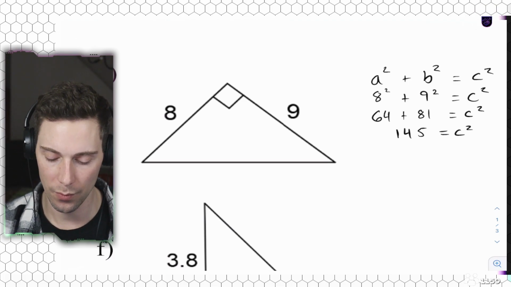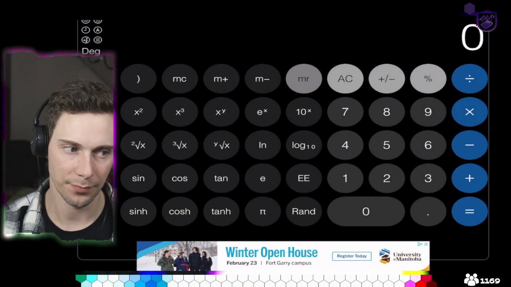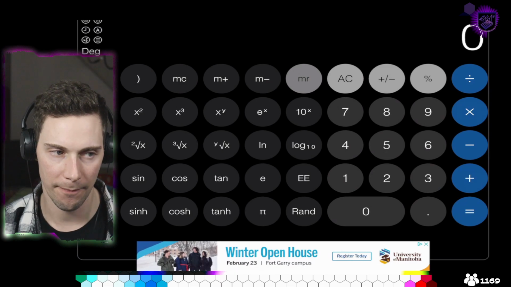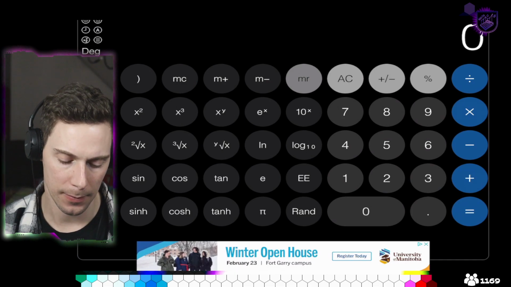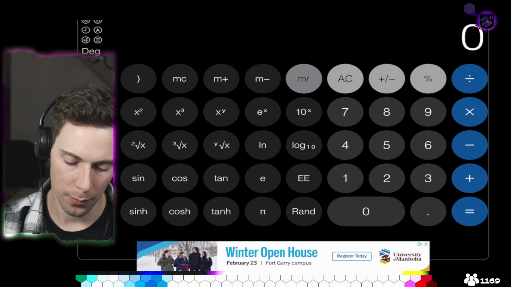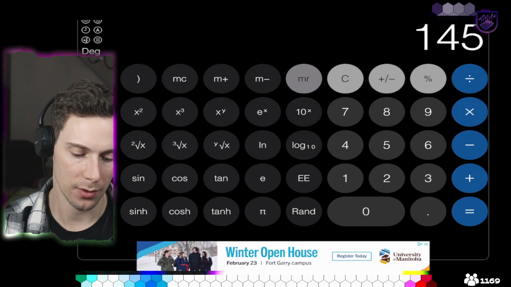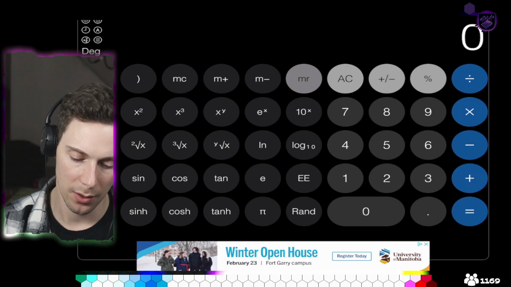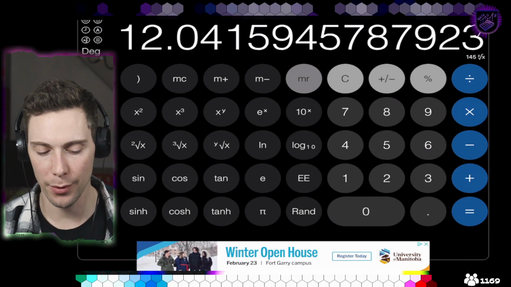So I'm going to go to my calculator and I'm going to say 145 and then square root. What's the square root? No, not squared. 145 square root, 12.04.